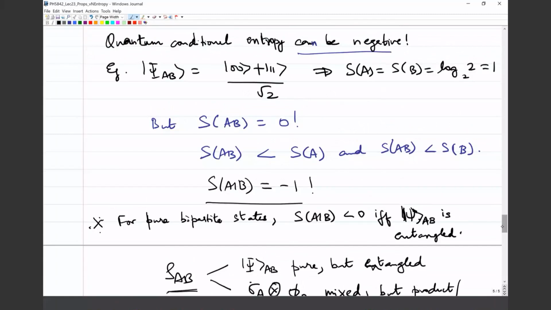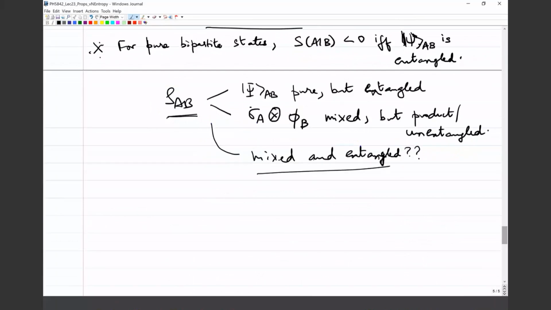Now, what about general bipartite states? What can we say about the joint entropy versus the individual entropies? So this is where this notion of subadditivity comes in.